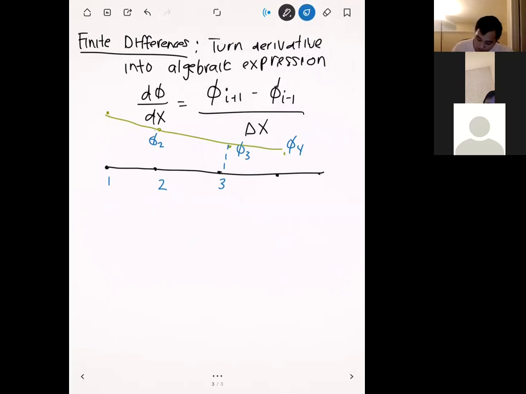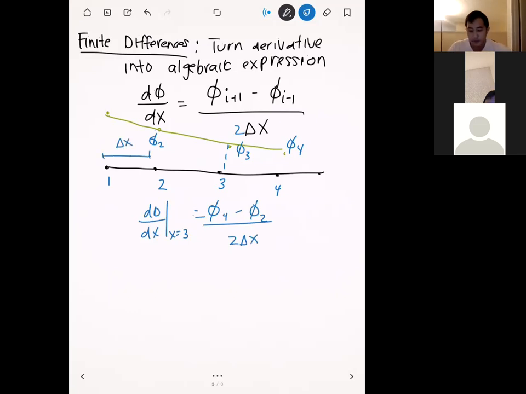Okay, and there should be a 2 right there. So the derivative at 3 would be equal to phi 4 minus phi 2 all divided by 2 delta x, where delta x is the distance in between these two points.